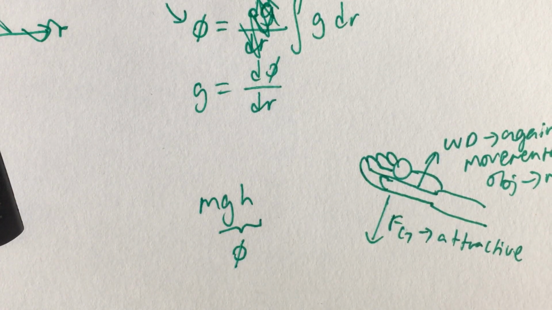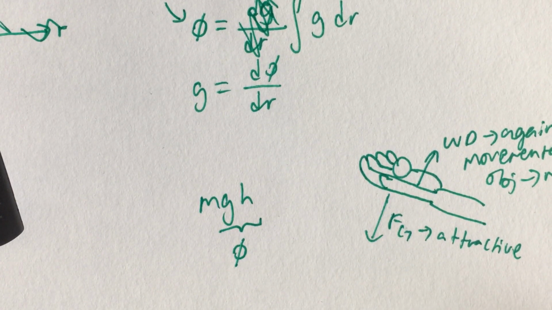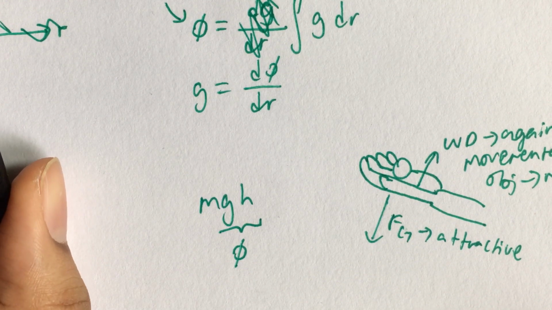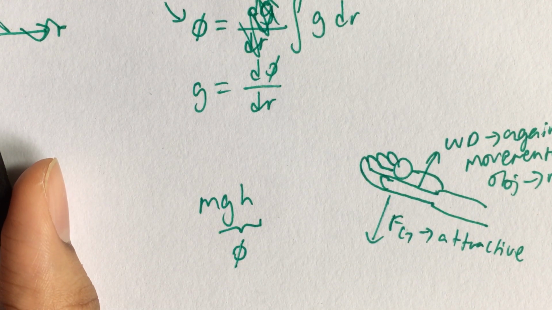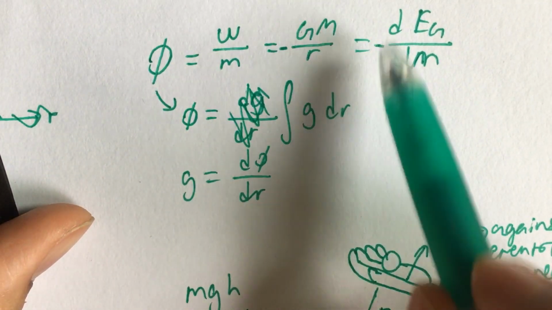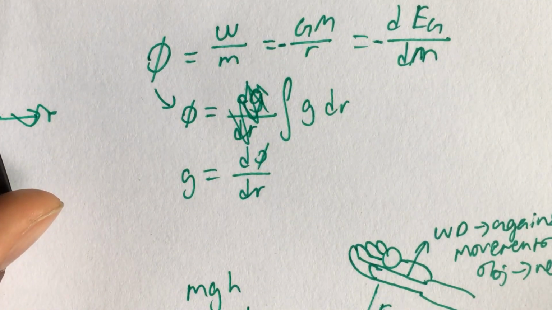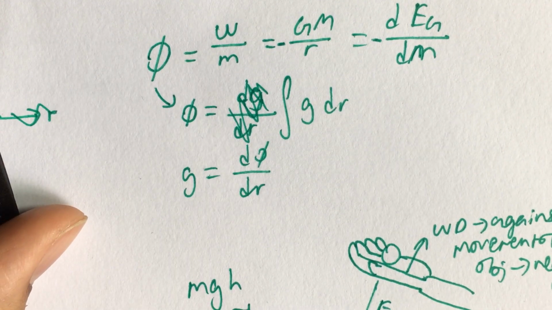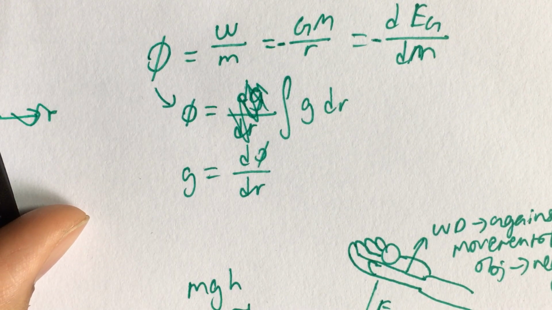That's why potential is actually negative GM over r. It's not r squared but r, because you integrated it once by r, so instead of -2, you have -1.